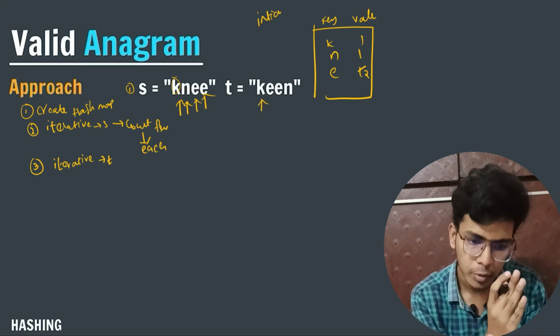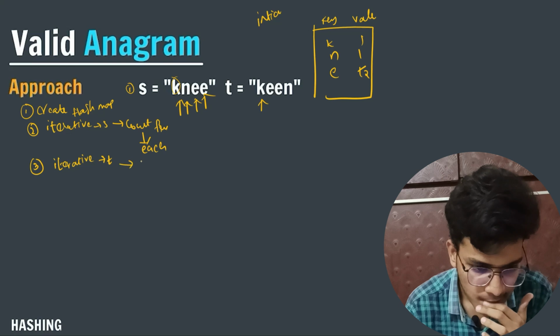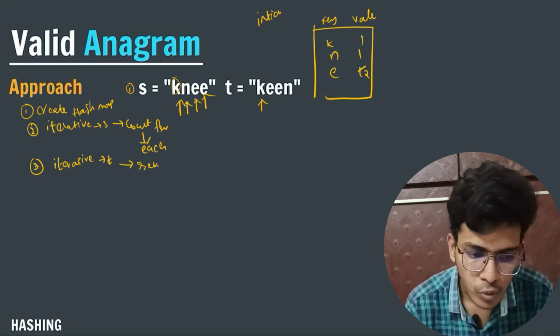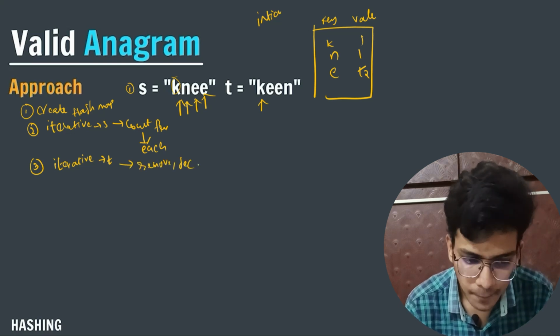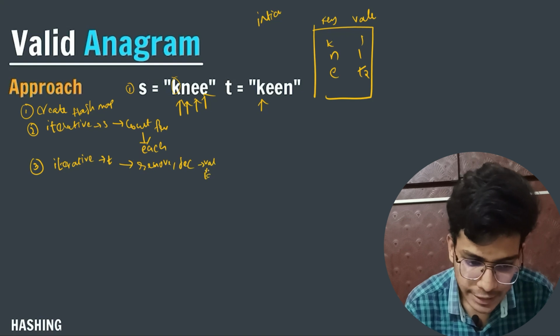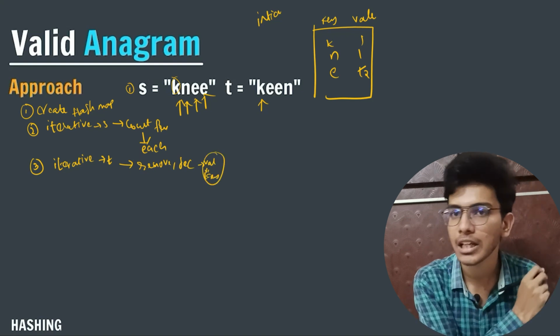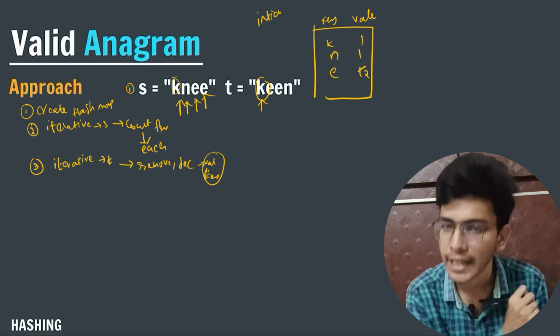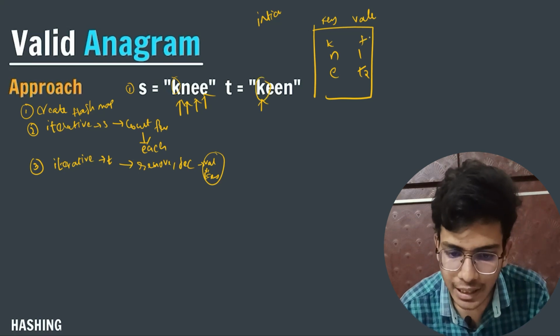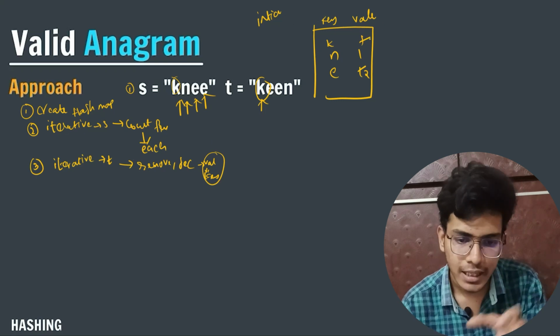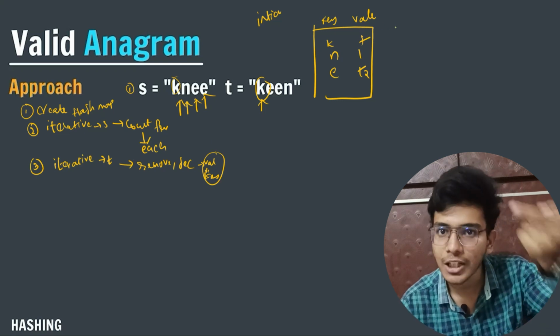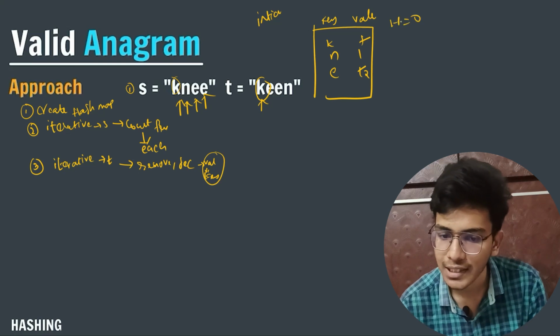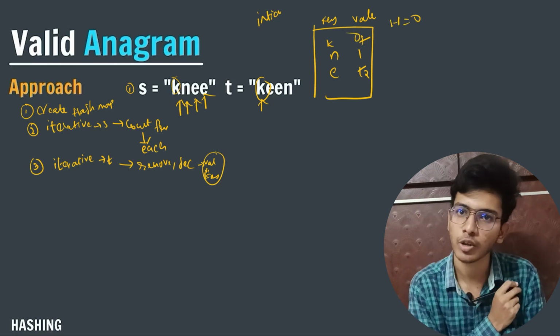I will come to k first, and I will decrement the value of that particular key. Here the occurrence is 1, so I will decrement it by 1. So 1 minus 1 is 0, and the occurrence will become 0.